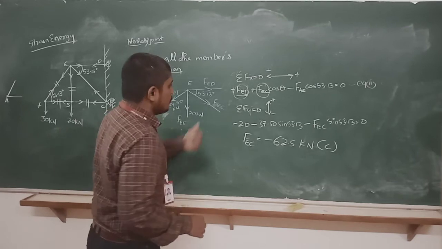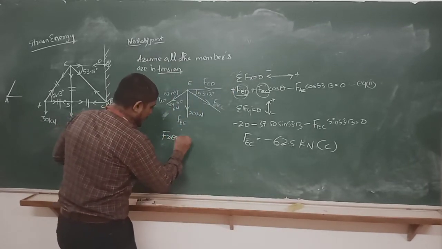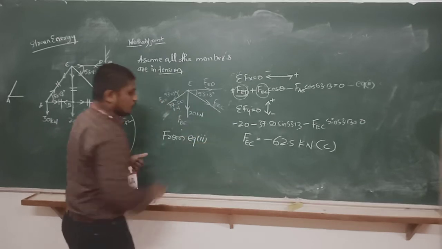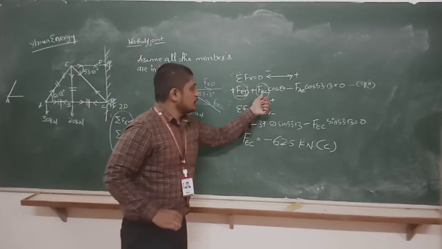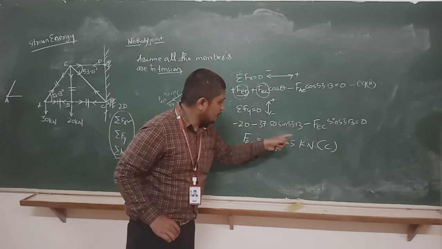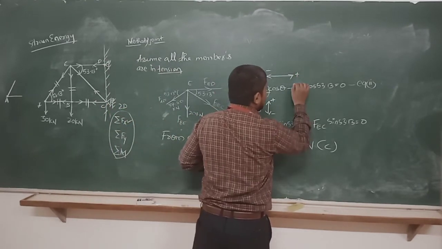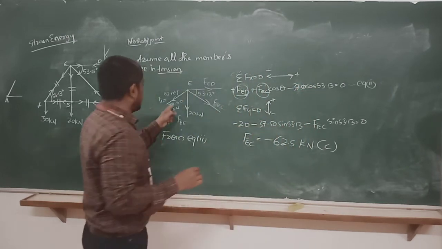Now from equation 2, substitute this FEC value in this. Once you get the FEC value, FAE value is known here. So in this equation you can directly use it; FAE is nothing but 37.50.